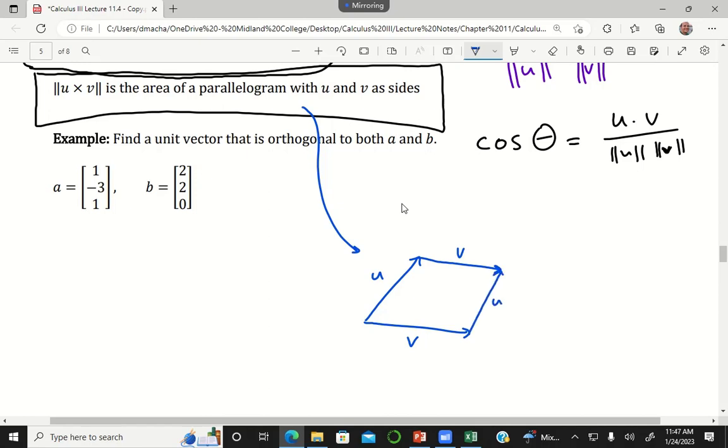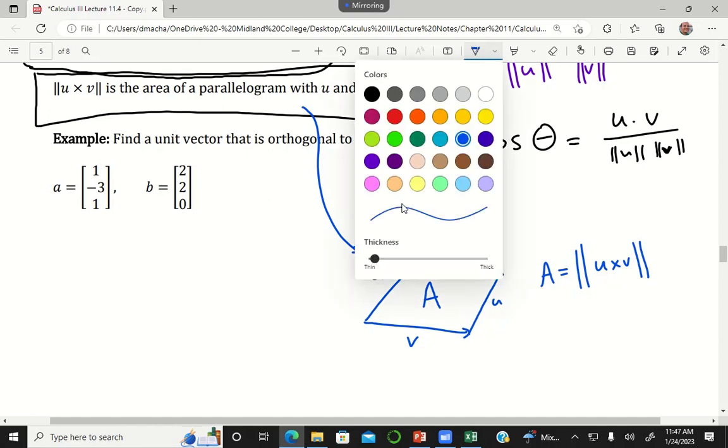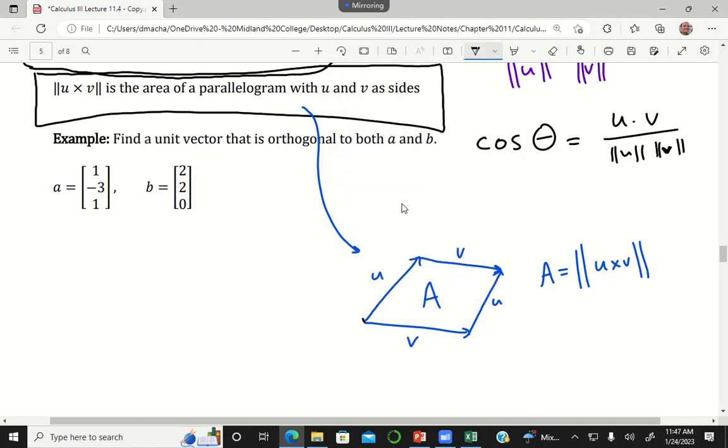Okay? So this is a parallelogram with sides u and v. The area of this parallelogram is the norm of u cross v. The actual vector, u cross v, is a vector that's orthogonal to u and orthogonal to v.